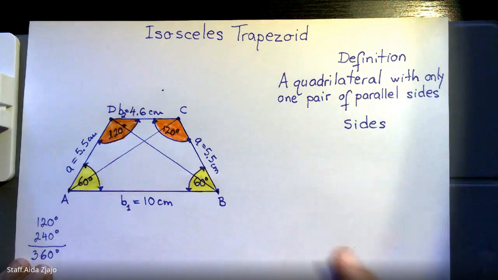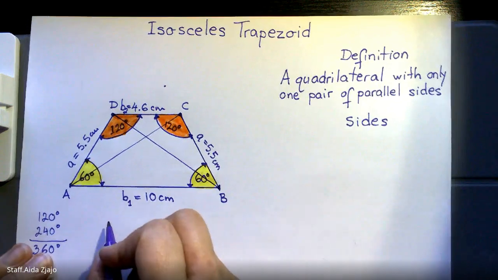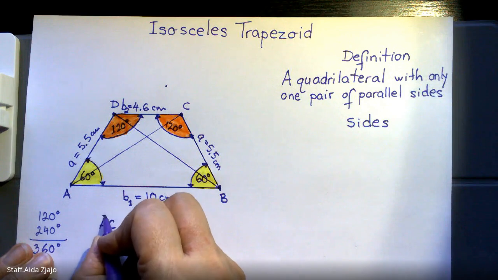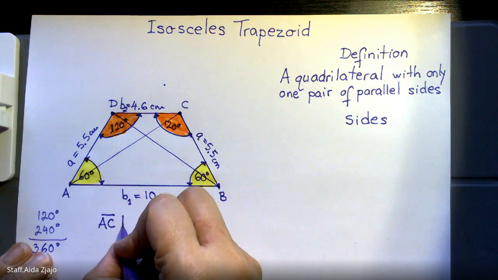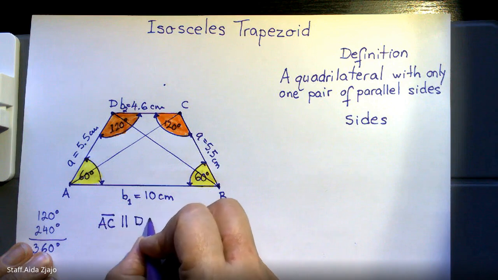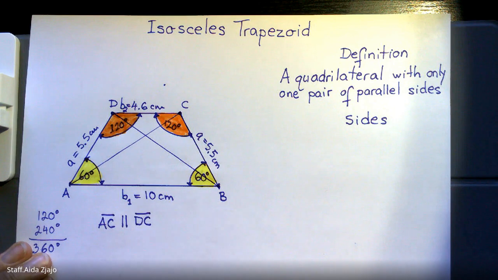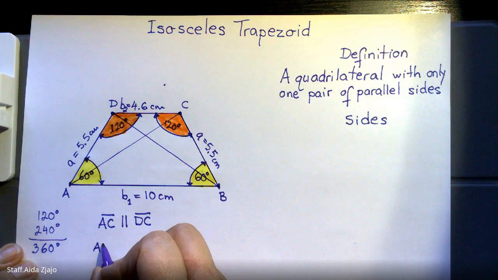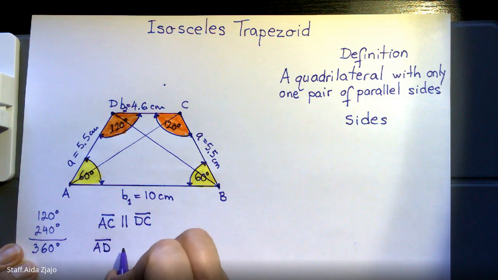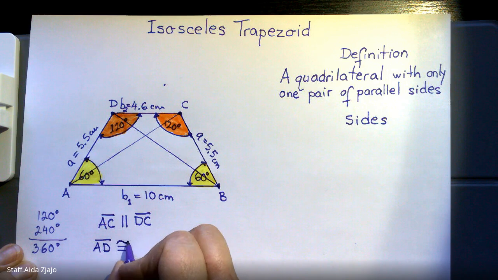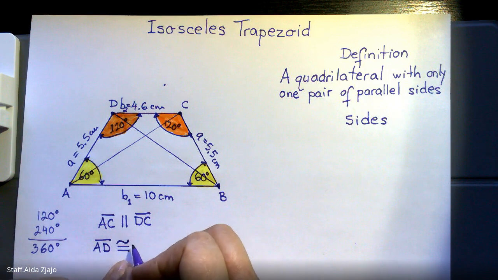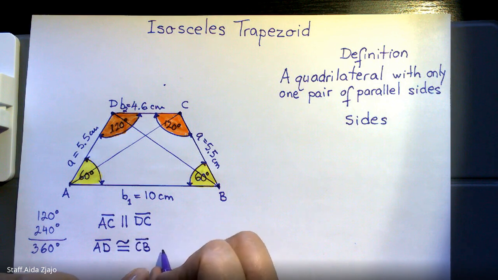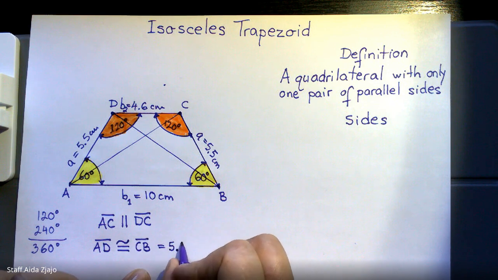Okay, we can label our isosceles trapezoid. If we correctly label, we can say that line segment AC is parallel to line segment DC. We can say that line segment AD is congruent, and this is the symbol for congruency, to line segment CB, and that is equal to 5.5 centimeters.